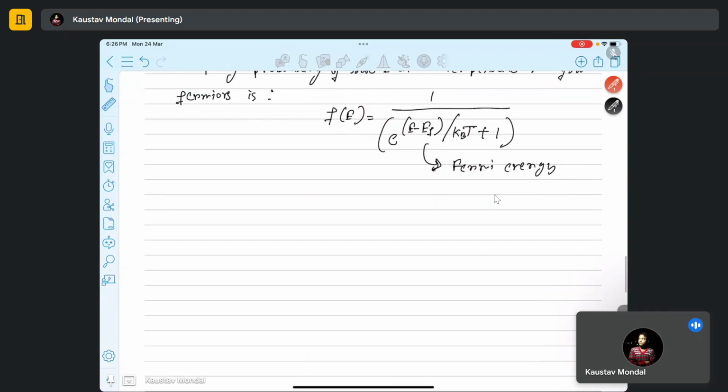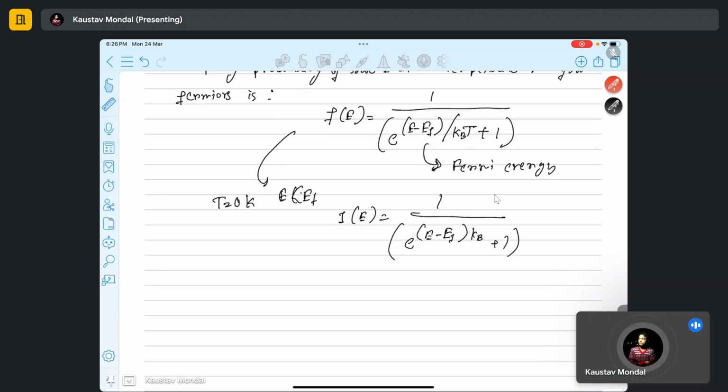So if you solve this function for T equal to 0 Kelvin, first take E smaller than E_F.